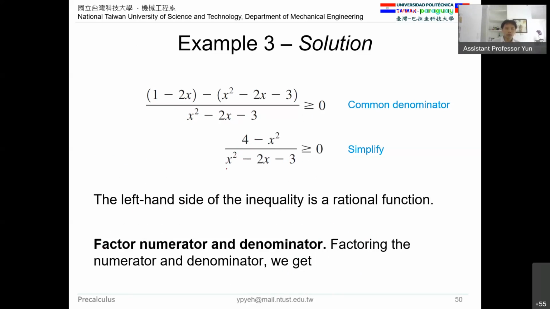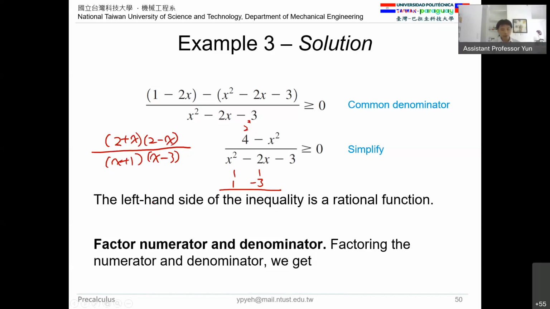Then we are factoring out the numerator and the denominators here, where the numerator will become 2 squared minus x squared, which will be 2 plus x times 2 minus x here. And then the denominator will be x plus 1 and also x minus 3.